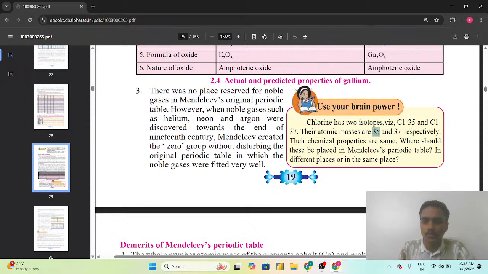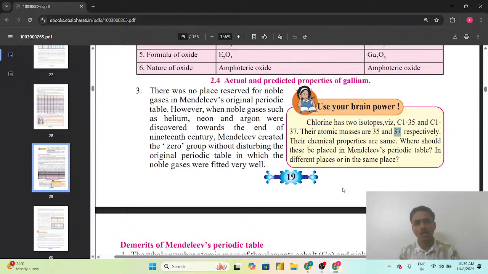As we have studied, the atomic number of chlorine nowadays, according to the modern periodic table, is 17. But here we are talking about the isotopes of chlorine, that is 35 and 37. So as we have seen, Dobereiner, Newland and Mendeleev, all three have considered atomic mass as the fundamental property for the classification of the elements.